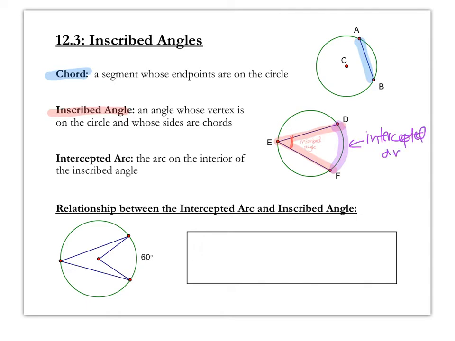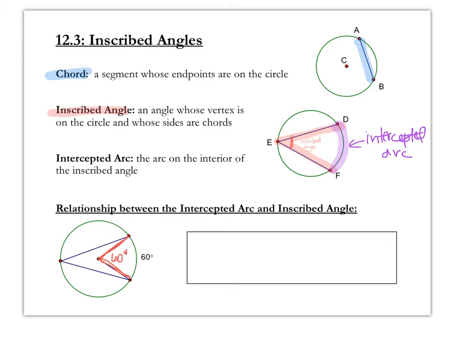So the big thing today is talking about the relationship of the inscribed angle and the intercepted arc. If you look at the picture on the bottom, if we were trying to find the angle in the center, this goes back to chapter 10, that ends up being the same. So if it's in the center, it's the same as the arc.